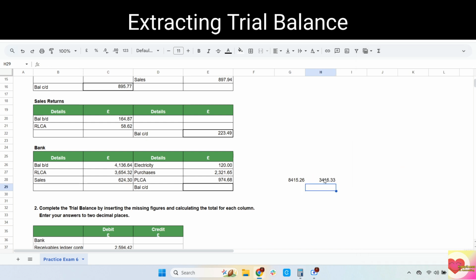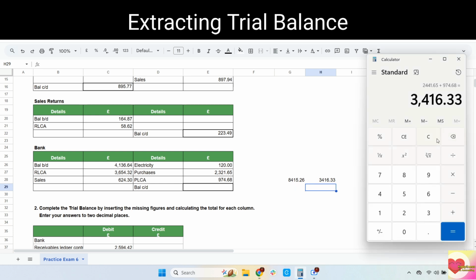Then let's get the difference of these two totals. And we got 4,998.93, and this should be our balance carried down.